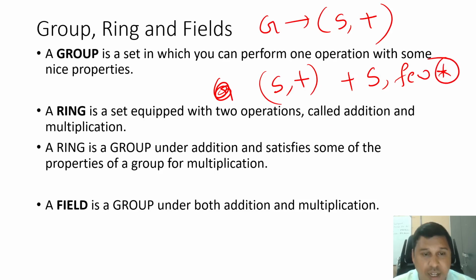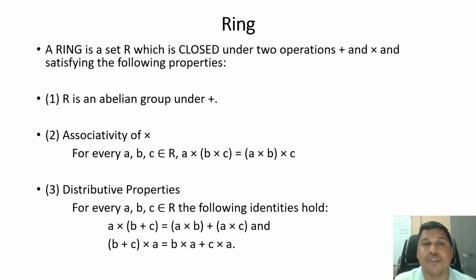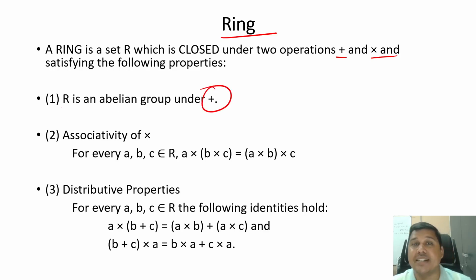You understand my point? I will just go to this slide. If you observe, what is a ring here? A ring is a set R which is closed under two operations, plus and multiplication. R is an abelian group over addition. It means it satisfies all the 5 properties over addition. Along with that, the same set R also satisfies some conditions over multiplication, like associativity and distributivity.